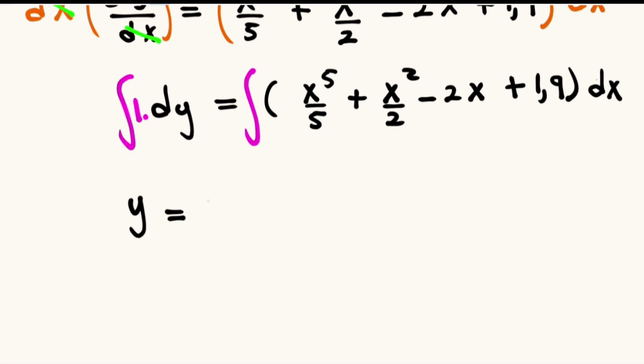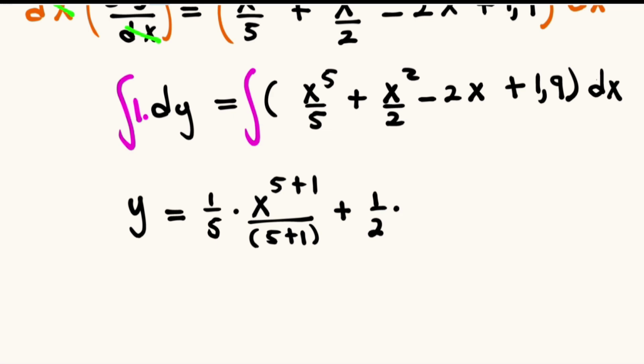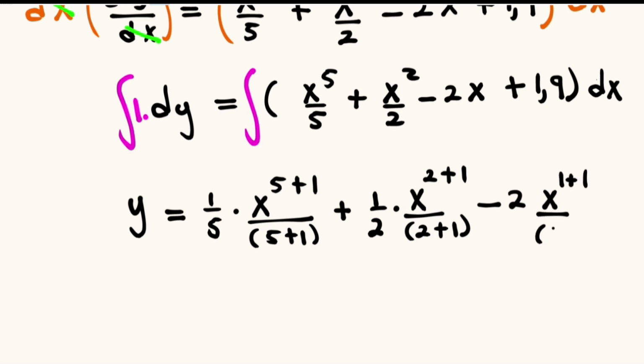and this will be equal to 1 divided by 5 multiplied by the integral of x to the power 5, which is x to the power 5 plus 1 divided by 5 plus 1, plus 1 over 2 multiplied by the integral of x squared, which is x to the power 2 plus 1 divided by 2 plus 1, and the integral of the negative 2x will be equal to negative 2 multiplied by x raised to the power 1 plus 1 divided by 1 plus 1.